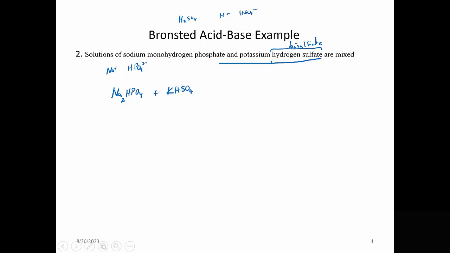It'd be a base that's stronger than phosphate, is what I mean. All right, so here, this follows the AB plus CD. This is my A, sodium ions. This is my B, monohydrogen phosphate. And so I'm just going to go with sodium ions and bisulfate ions.